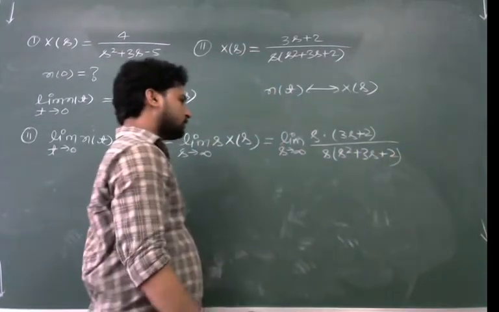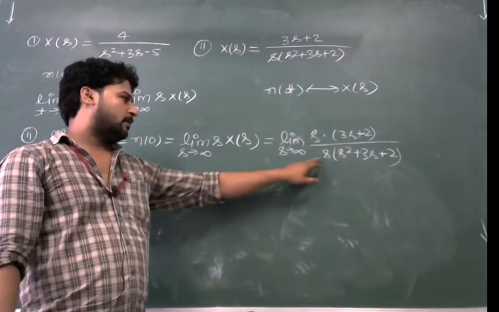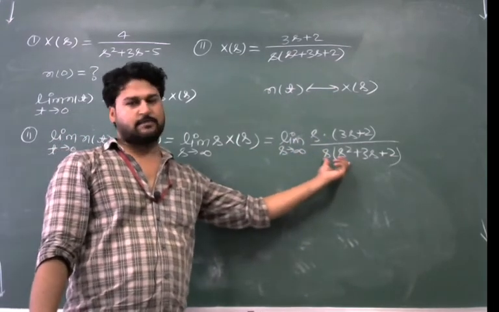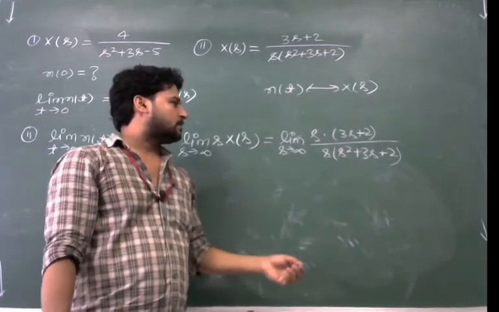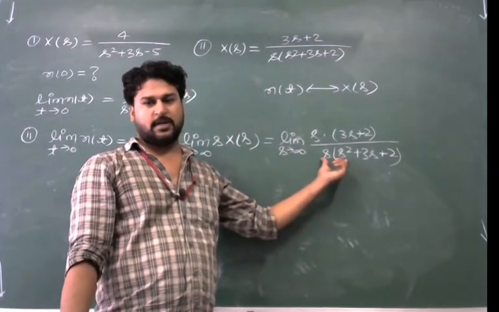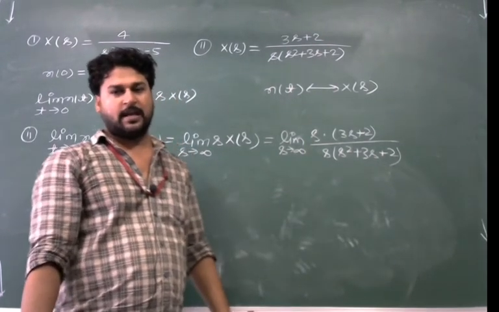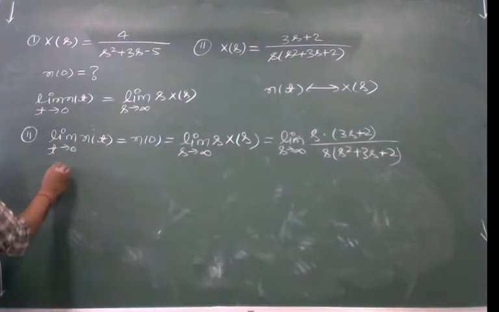Again, to put the value of the limit here, we will divide both numerator and denominator by the highest power in this equation. The highest power here is s cube. It means that we have to divide the denominator and numerator by s cube.